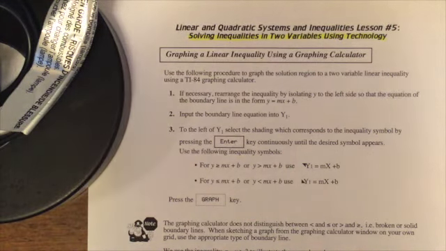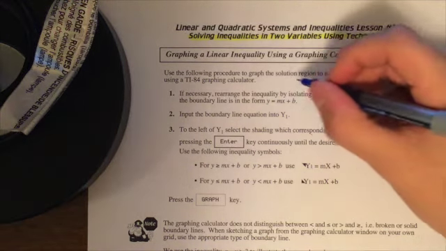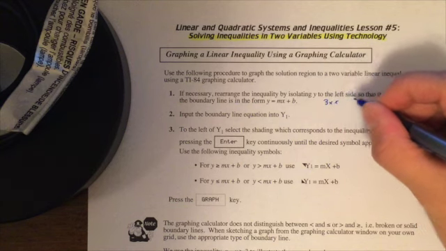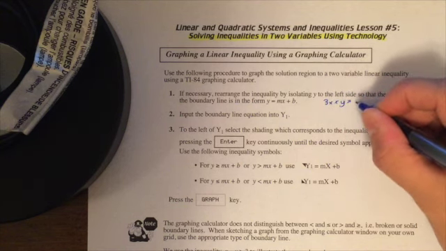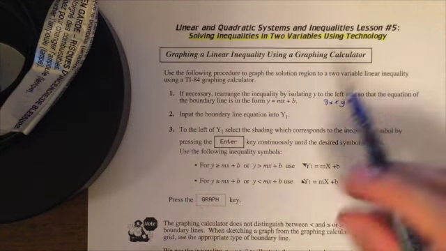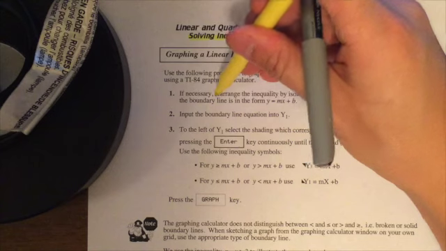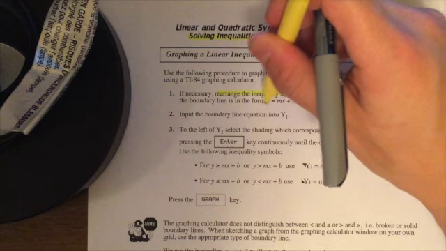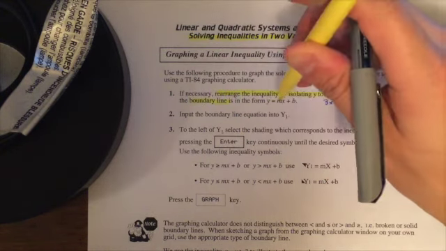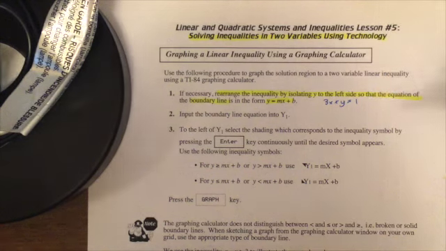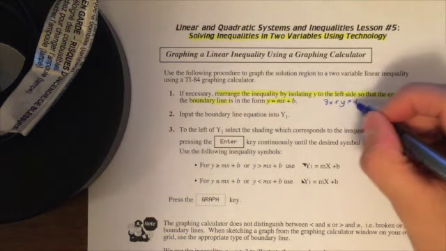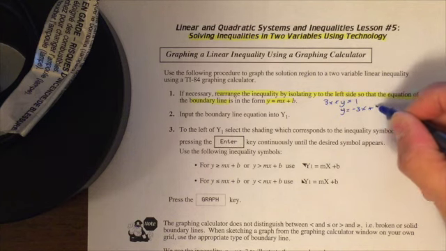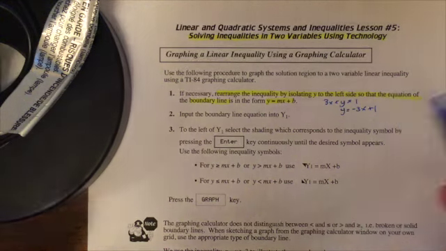If I had an equation like 3x plus y is equal to 1, I want to rearrange it by isolating y on the left side so that my boundary line is in the form y is equal to mx plus b. I would bring my 3x over, which leaves me with y is equal to negative 3x plus 1. That would be our first step.